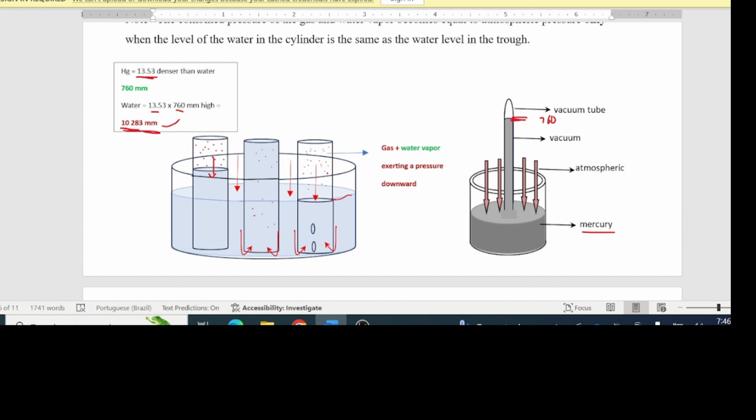When the gas has lowered the water until the level inside the measuring cylinder is the same as the level in the pneumatic trough outside, then the gas pressure is equal to atmospheric pressure. That's the only time when the pressure of the gas inside here is equal to atmospheric pressure, when the level of the water in that measuring cylinder is equal to the level of the water in the pneumatic trough. So I hope that was helpful there. So you put things in some perspective there, okay?